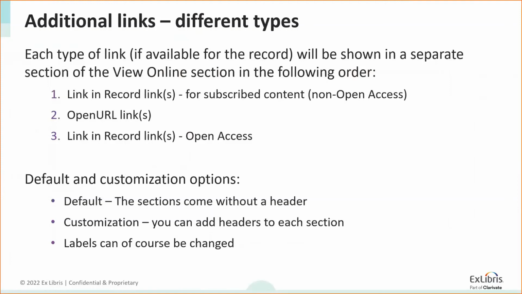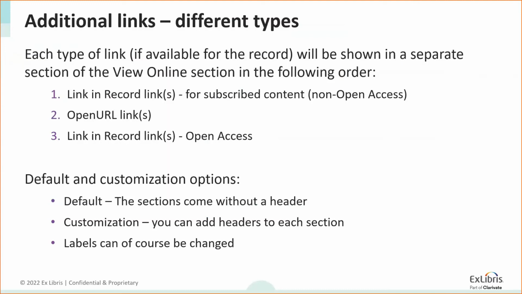Depending on your activations and on the record that you're looking at in Primo, we will show 3 different types of links, and they're ordered in the following way as they are listed here. First of all, we'll be showing link in record links for subscribed content, so non-open access links.